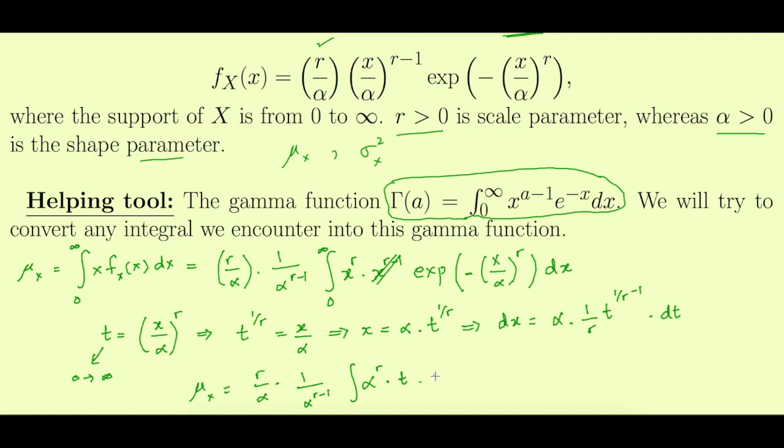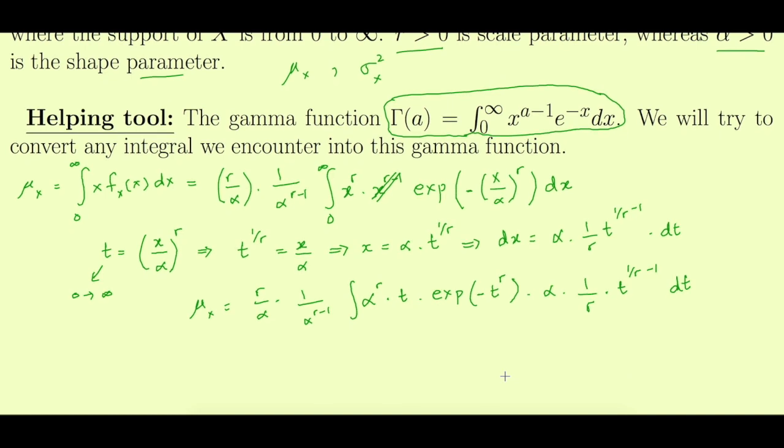Then we have the exponent of minus t to the r, then we have dx, and we have alpha here, then 1 over r here, then t to the 1 over r minus 1, and then dt. Okay, now it's a matter of just combining terms here.